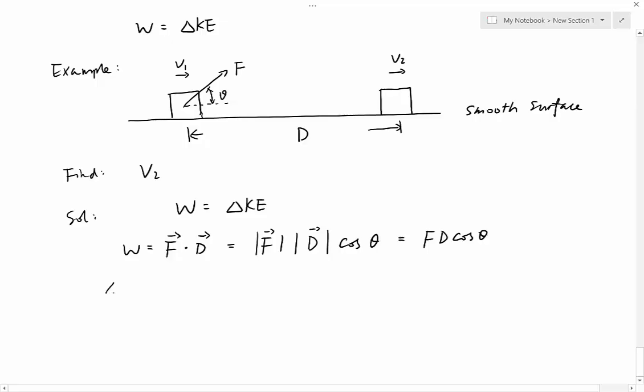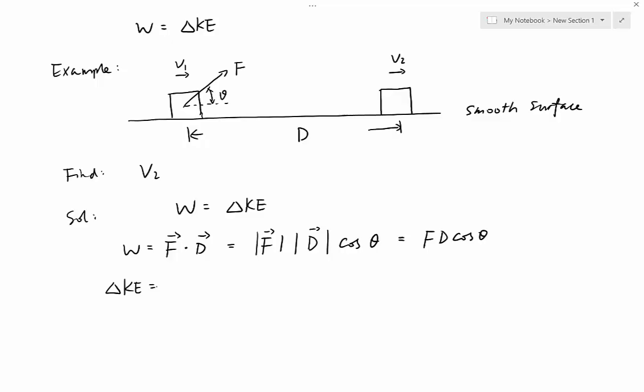Okay, so that's our left-hand side. And then we go to our right-hand side, delta KE. What does delta mean? Delta means change. When you calculate change, it's always final minus initial. So what we need to write is the final kinetic energy minus the initial kinetic energy.